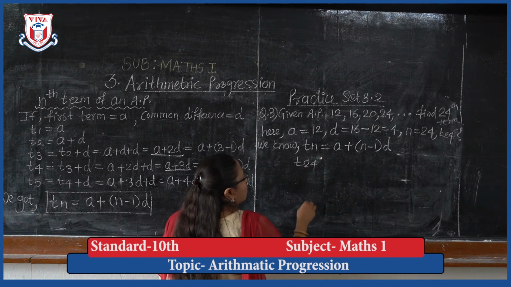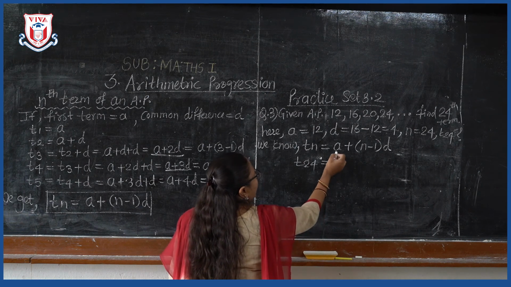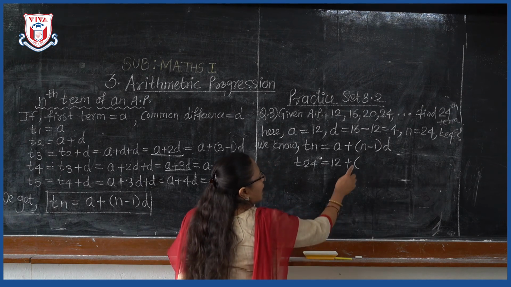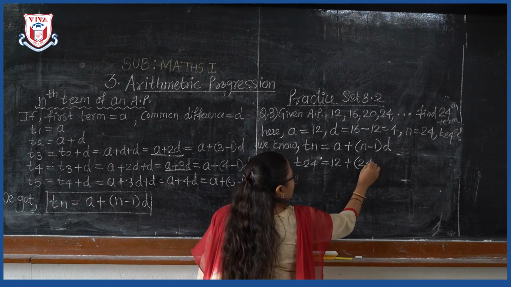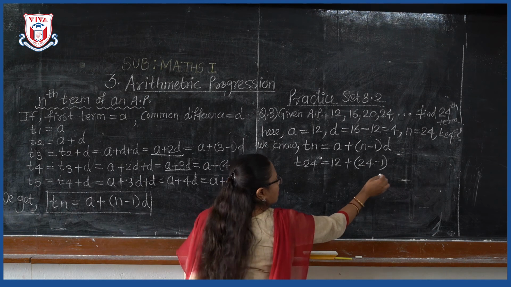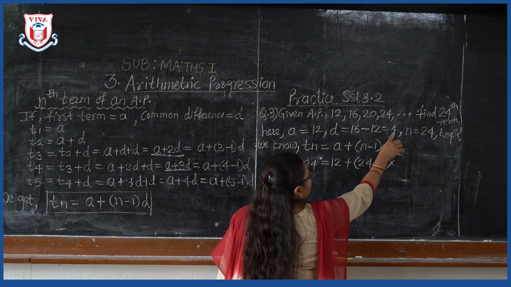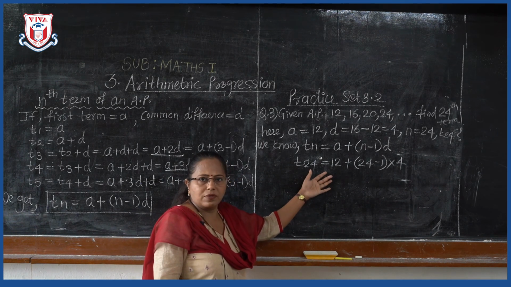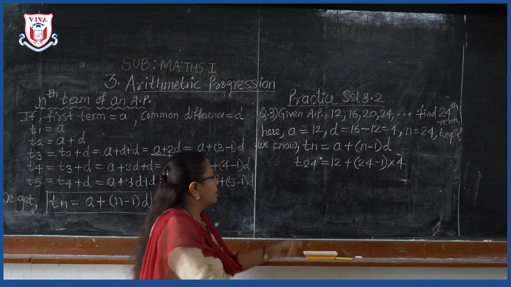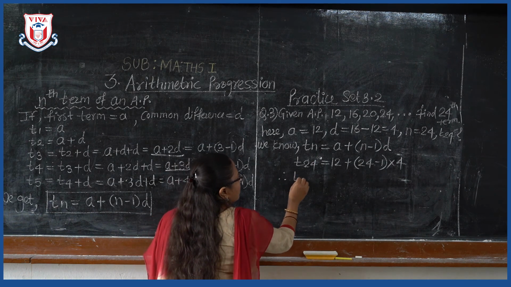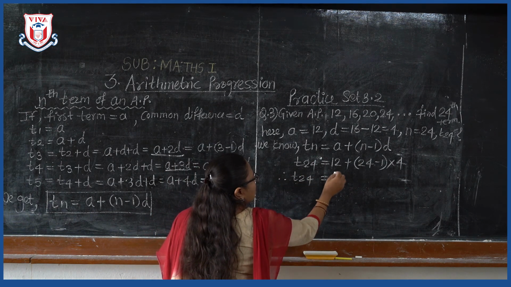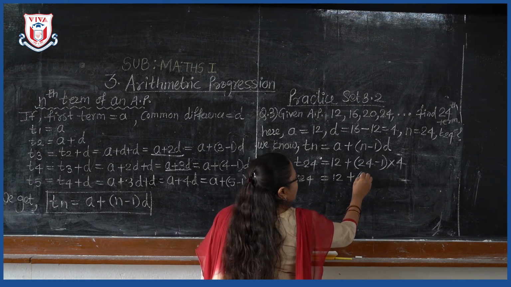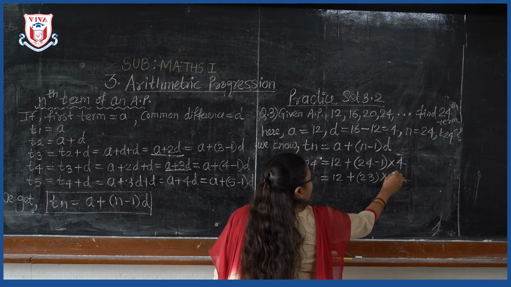So T24 is equal to A, which is 12, plus n, which is 24, minus 1, into D, which is 4. So this way we have to substitute values. Therefore T24 is equal to 12 plus 24 minus 1, which is 23, into 4.